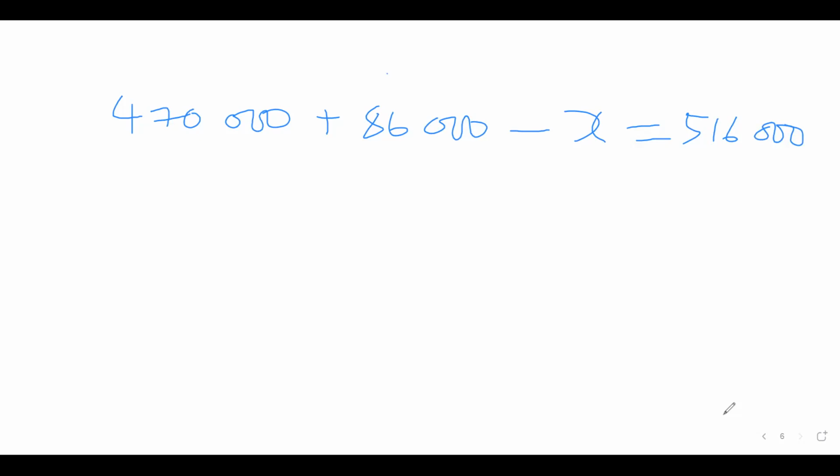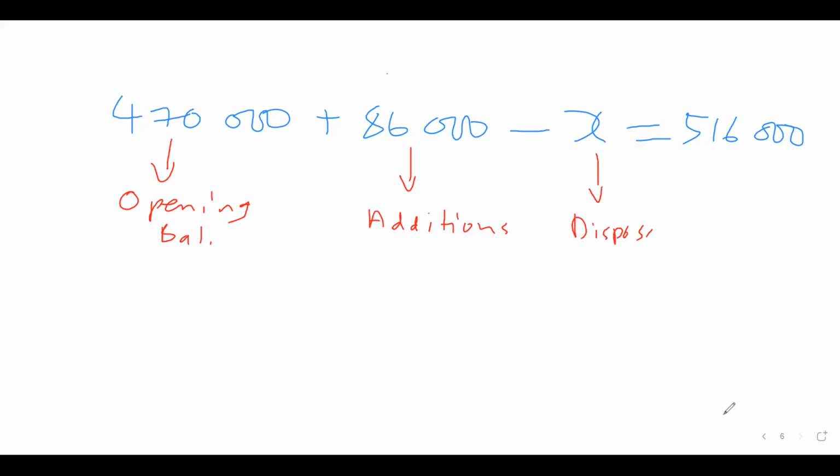Now I want to show you something. This 470K was the opening balance. We are together? Yes. This 86K is what? Additions. And this X, which we don't know how much it is but want to find out, is the disposal of the equipment.